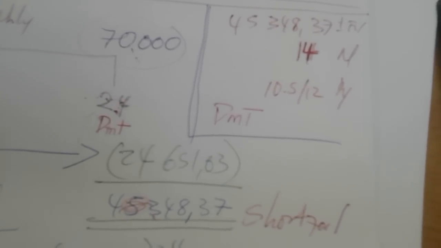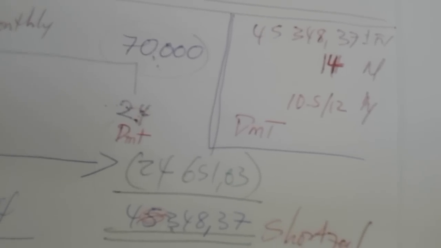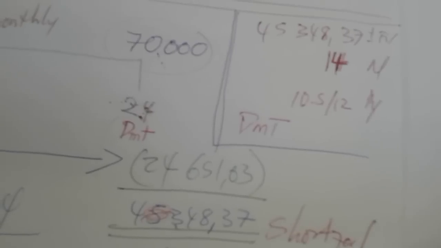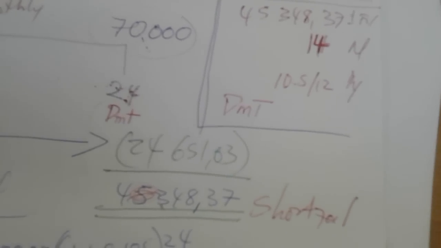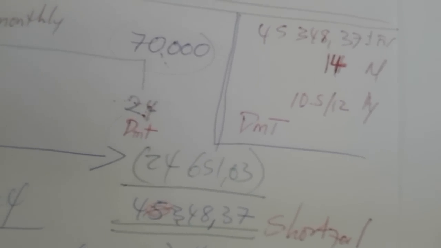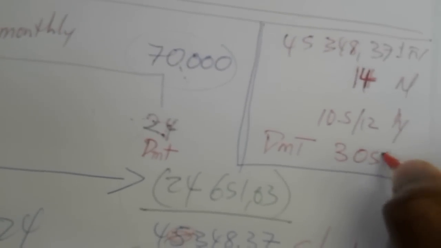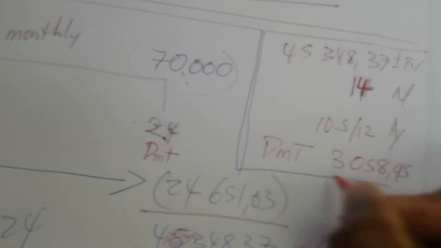45,348.37 plus minus, that's your FV, then 14 is your N, and 10.5 divided by 12 is your I, then compute PMT. So it will be 3,058.95.